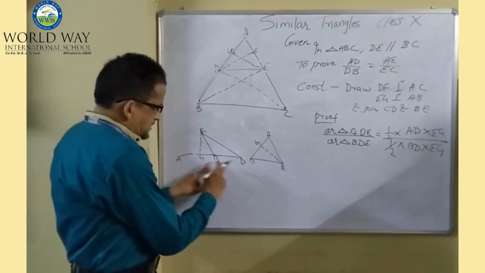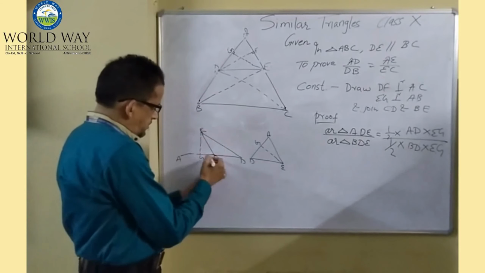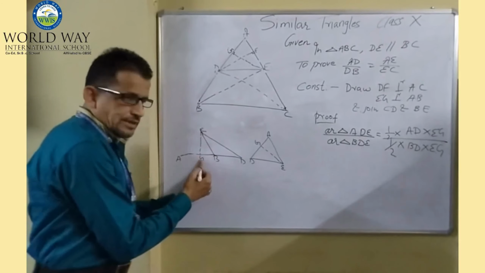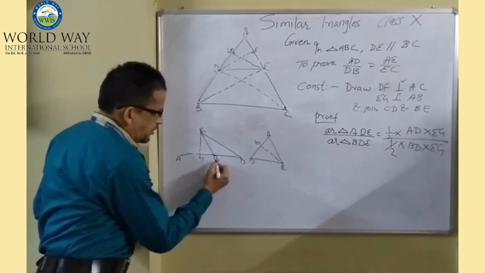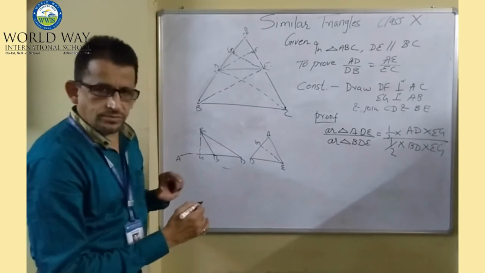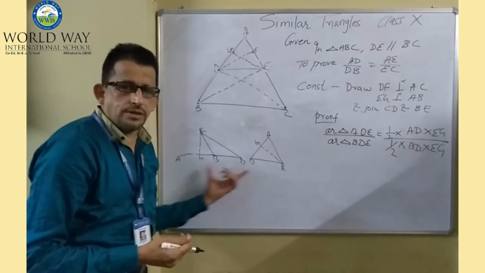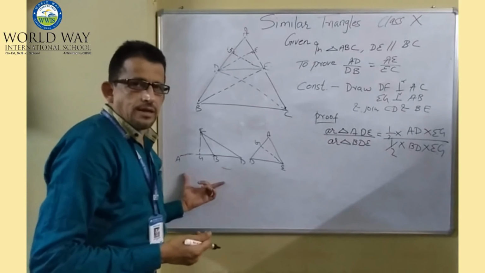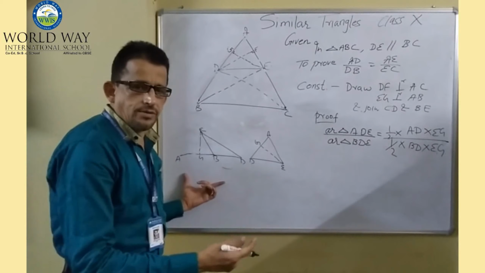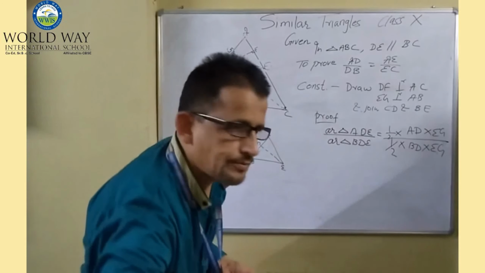So BD is the extension of AD, and when we draw the altitude EG, it is to be considered the altitude for BD also. These two figures clear this concept. Is it clear to you? Okay.